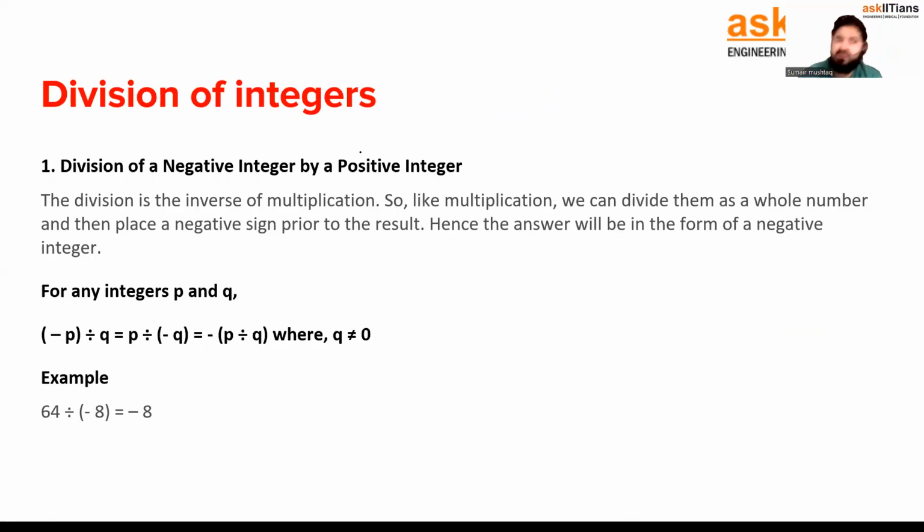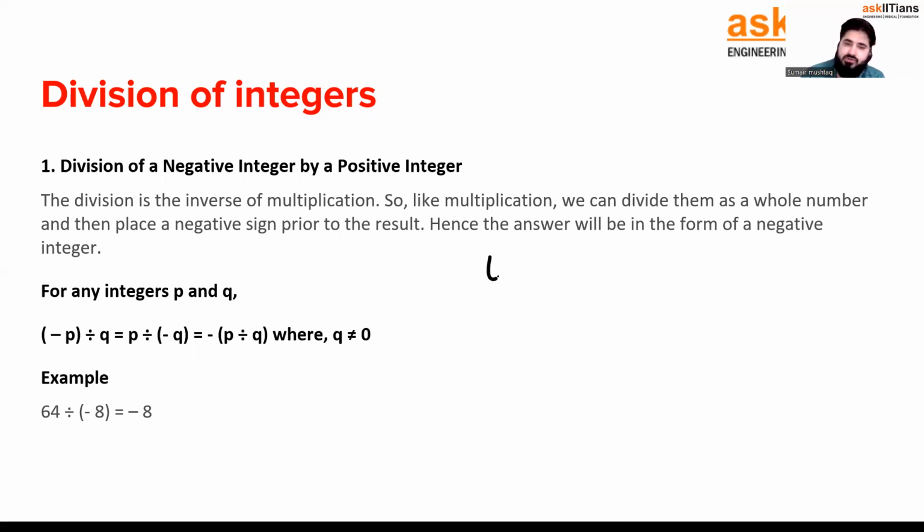Now we have the division of integers. What do you mean by the division of integers? See, it is just like multiplication. As multiplication is the forward process, we can say that division is the reverse of it. It is one and the same thing as we used to divide.